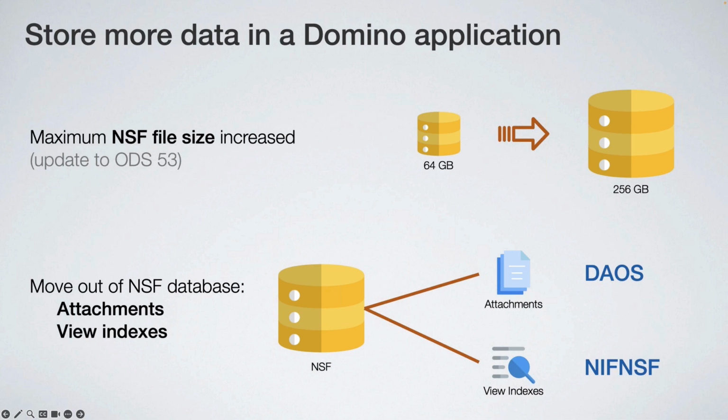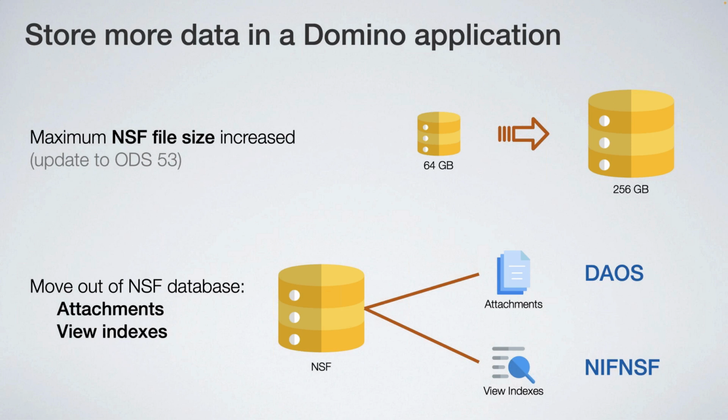First, if you update to on-disk structure 53, you can have a 4 times bigger limit for the NSF database size itself. Yeah, we know it. It's been here for 4 years, since version 10. What not all admins are aware of is that you can move data away from NSF, data that are not necessary to be part of the NSF file.